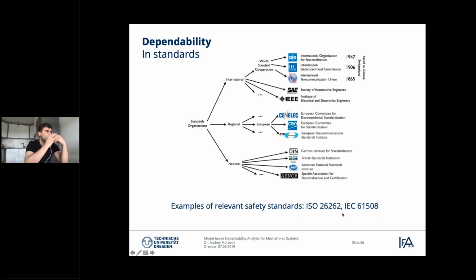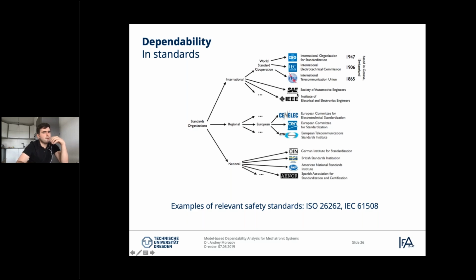In this tree, you can see, it is maybe a little bit off topic, but I'll go through it. There are standards and the organization bodies who develop the standards. The oldest ones are these three: the International Organization for Standardization, ISO; IEC, the International Electrotechnical Commission; and also the International Telecommunication Union.